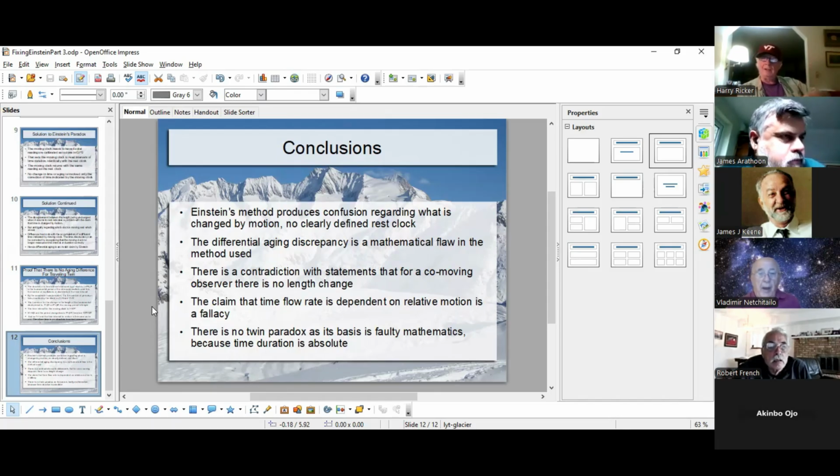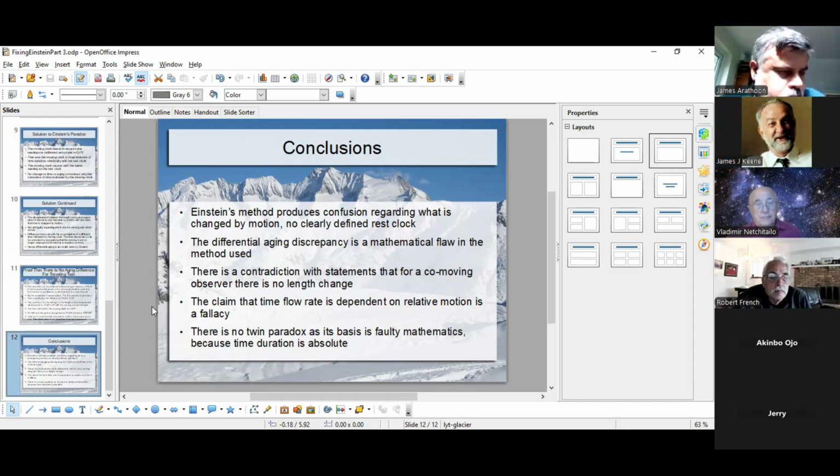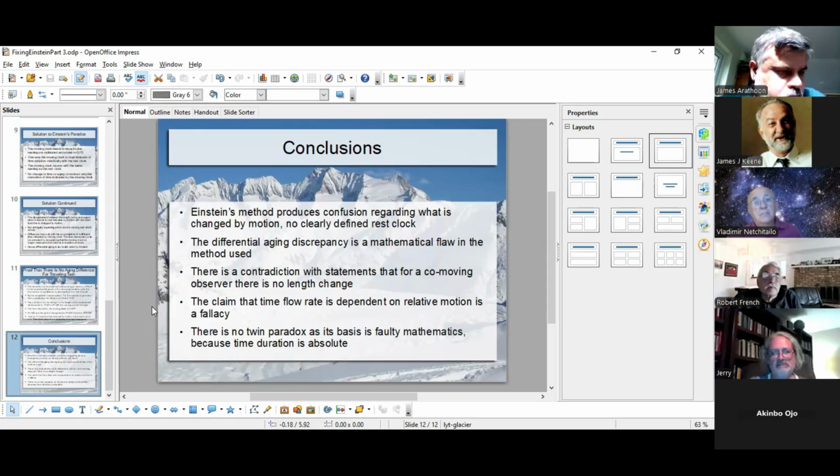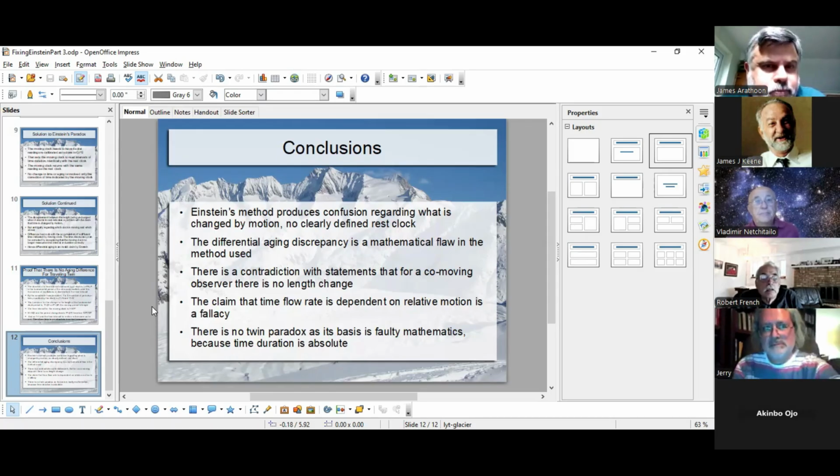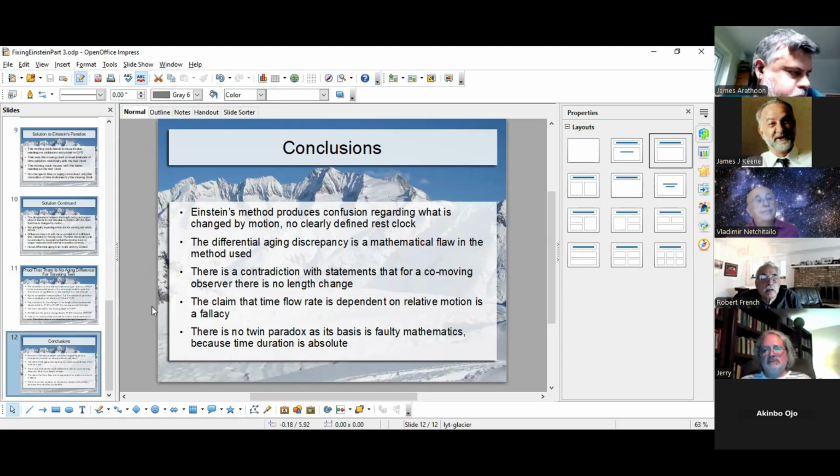But then that's kind of contradicted by the fact that he's saying that a co-moving observer doesn't see a change in the clock, nor does he see a change in the length. So what's he saying? Which one of these two things is true? Well, that's more confusion. Okay. So in my opinion, there's no twin paradox, primarily because the mathematics is wrong. That's basically the bottom line.